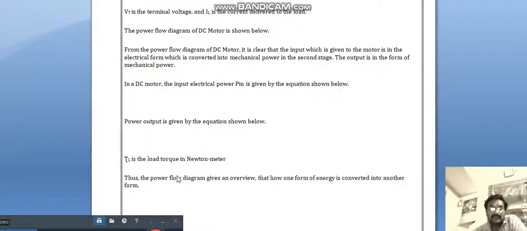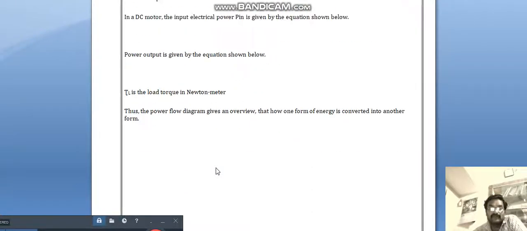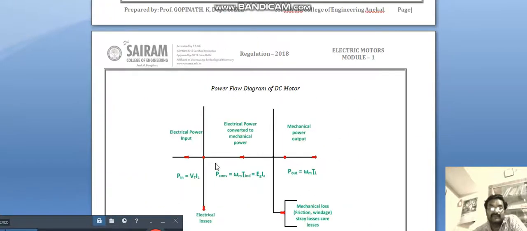Thus, the power flow diagram shows how one form of energy is converted into another form of energy. So, if we give input as 220 volts, then there will be losses: electrical losses, iron loss and copper loss.